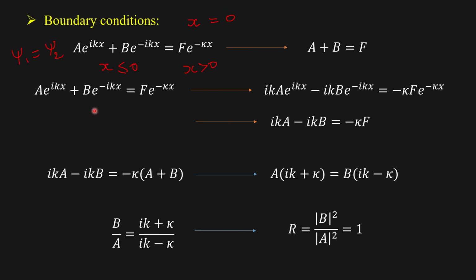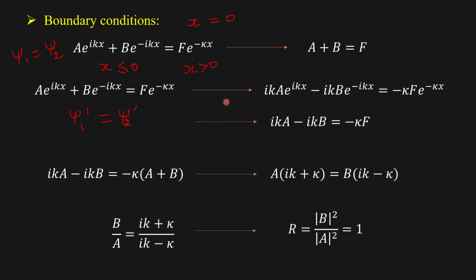Like psi 1 equal to psi 2, psi 1 prime must be equal to psi 2 prime at the boundary, that is at x equal to 0. That is, the wave function and its derivative must be equal at the boundary.